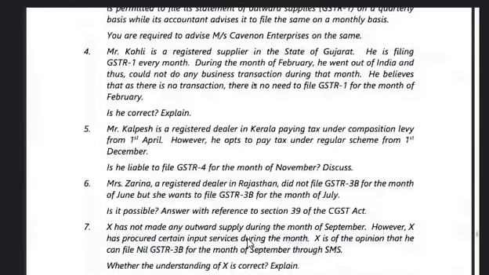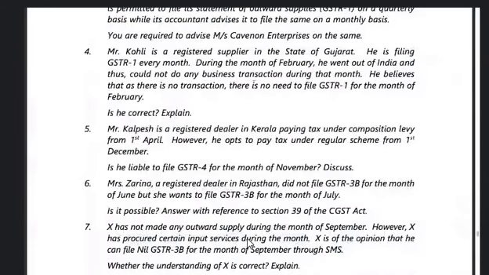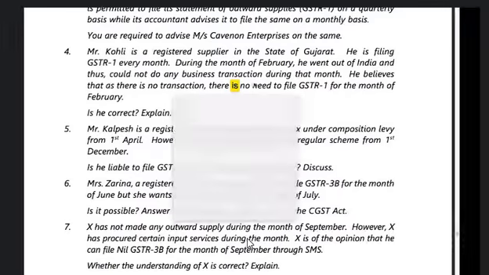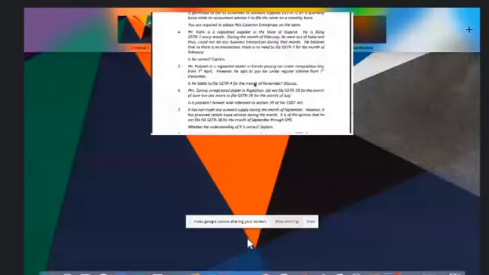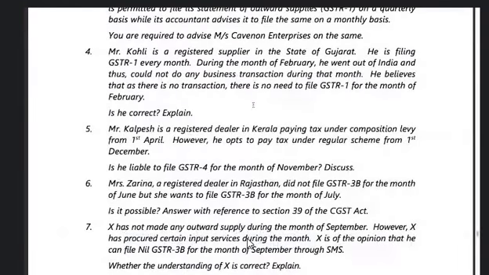In case of nil transaction, should GSTR 1 be filed? Yes, nil filing should be done.